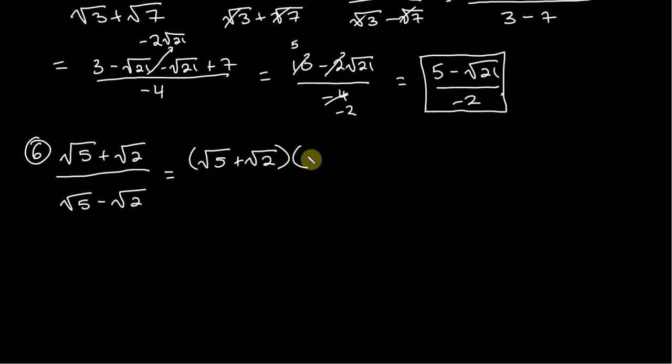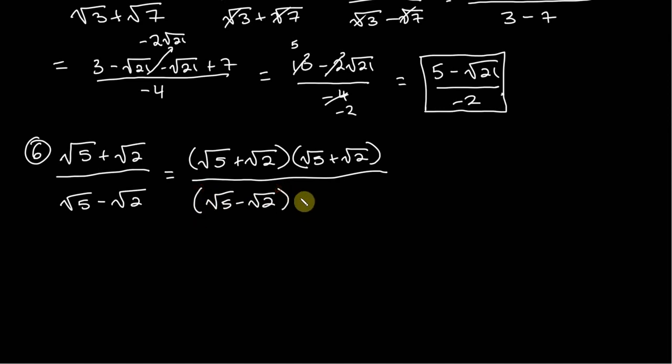So this is just going to be multiplied by root 5 plus root 2. And at the bottom, we've got our root 5 minus root 2. And that's going to be multiplied, as we just said, by root 5 plus root 2.